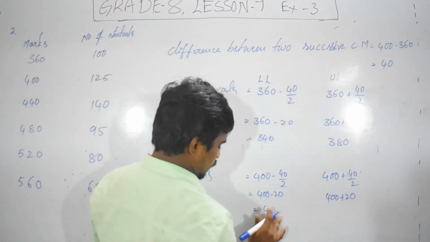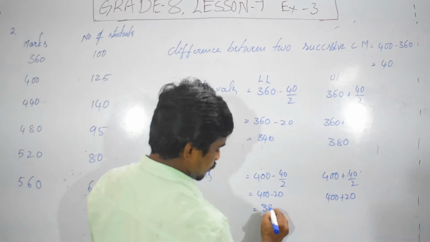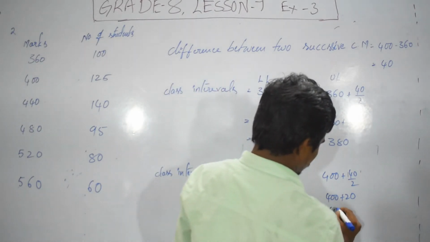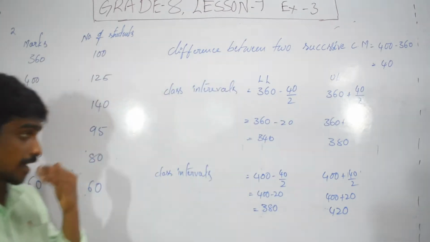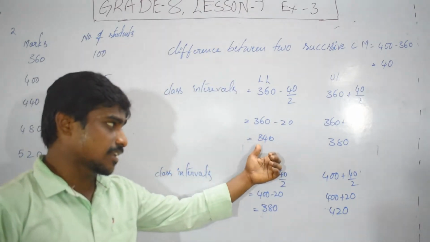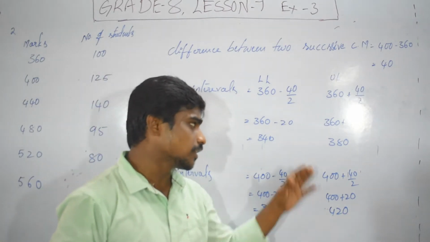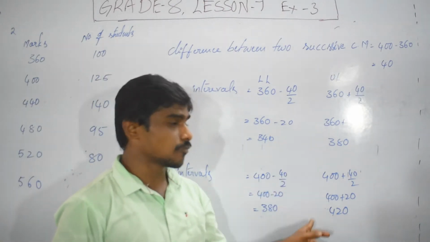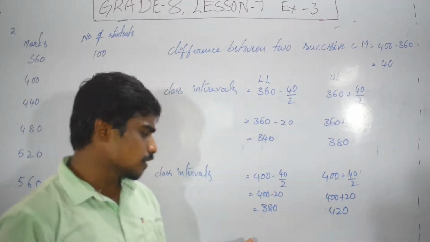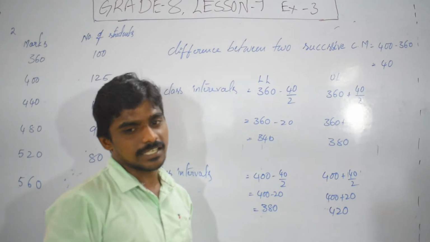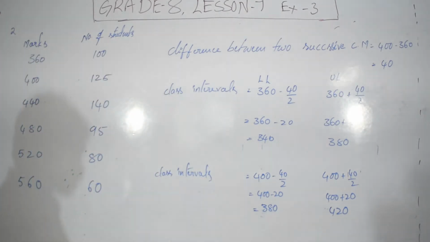So 380, 420. So we find the class intervals. First class interval 340 to 380, 380 to 420. Here the difference between class marks is 40. So next 420, 460. That is how we continue to write.